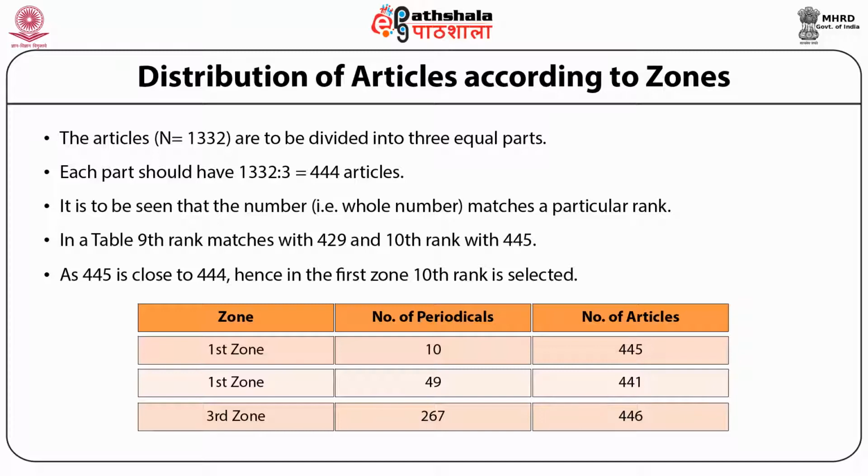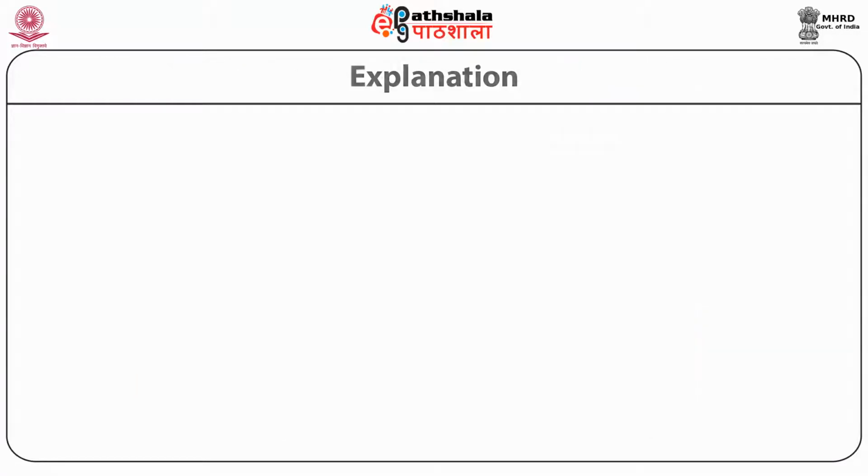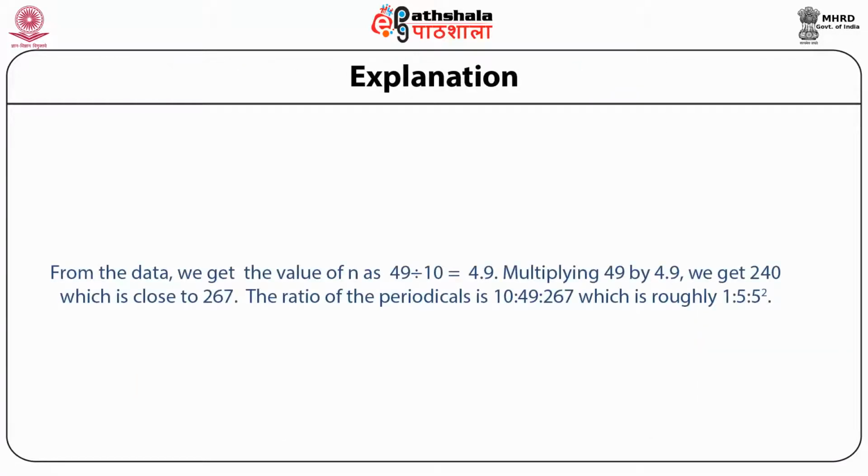Table 4 depicts the distribution of articles in 3 Bradford zones. From the data given above, we get the value of n as 5. That is, in the first zone there are 10 periodicals, in the second zone there are 50. We divide 50 by 10 and get 5, and this is the Bradford multiplier.